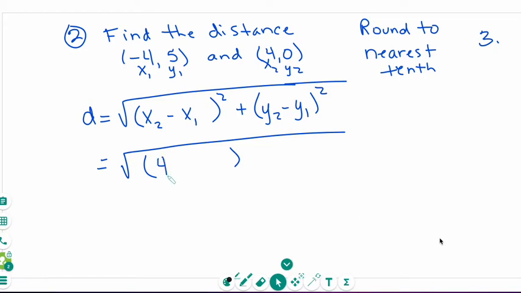X2 is going to be 4 minus negative 4. Make sure that your negative is clearly a negative, it's raised. Squared plus 0 minus 5 squared.